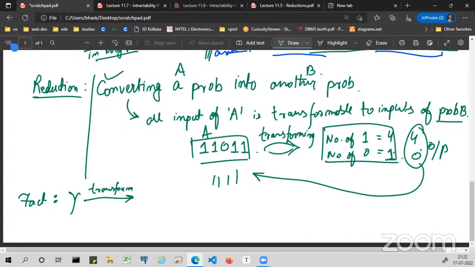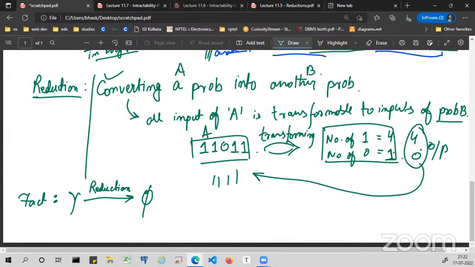Since we have now learnt about reduction, what I say is that from gamma we do a reduction of gamma into, let's say, phi. So gamma is a problem, phi is another problem. We have reduced the gamma problem into the phi problem.